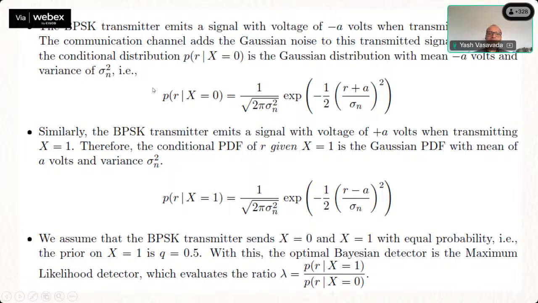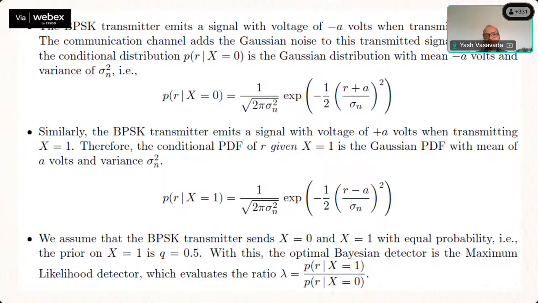Okay, so I assume that you are familiar with the Gaussian distribution, and this is simply saying that when x equal to 0 is transmitted, the received signal is Gaussian distributed. Why Gaussian distributed? Because we are modeling the noise to have a Gaussian PDF.